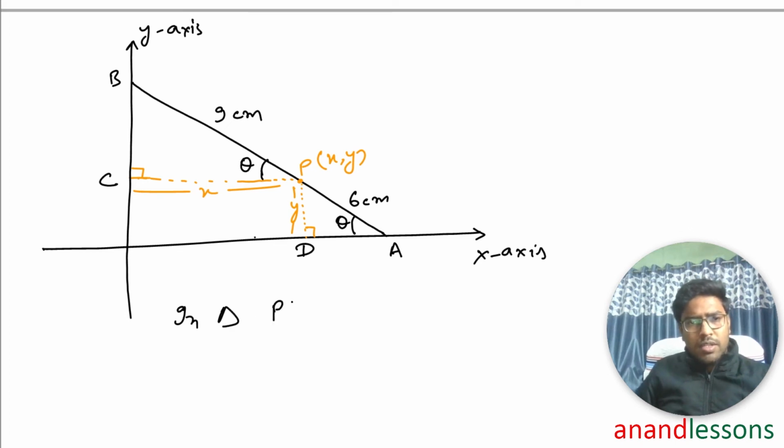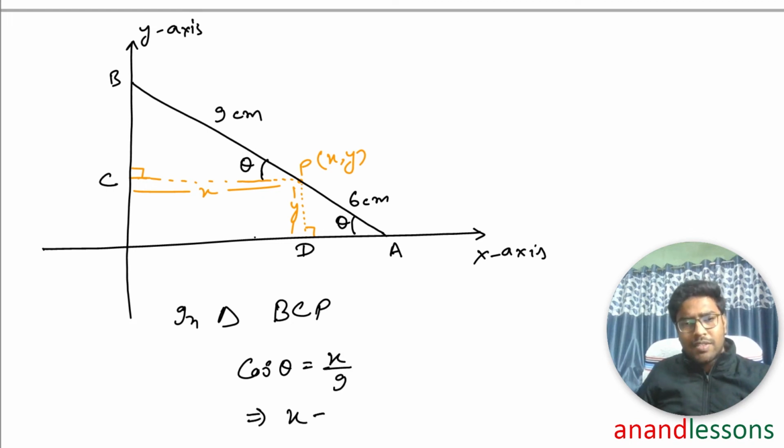Okay, so in triangle BCP, cos theta will be x by 9. This implies x is equal to 9 cos theta.